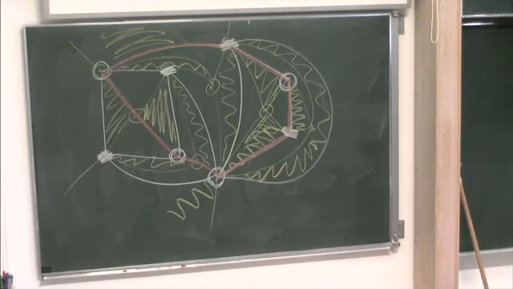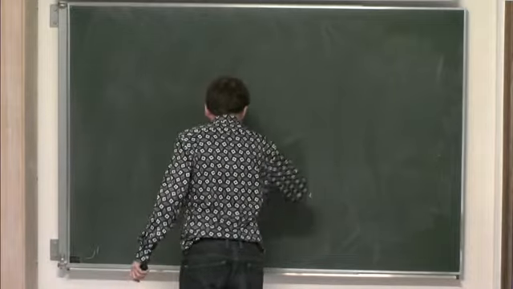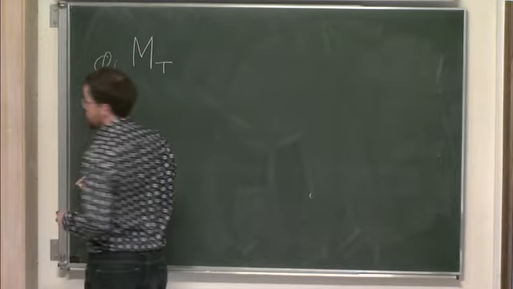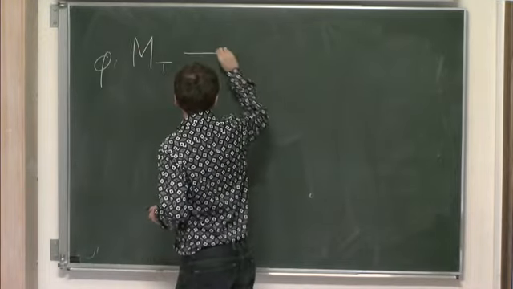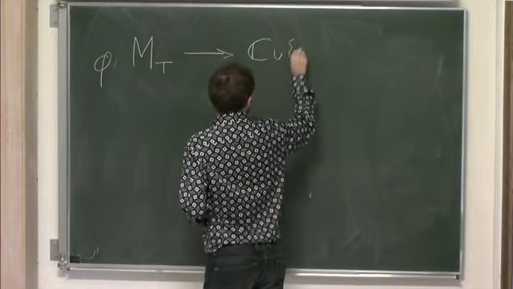Okay, so far we didn't gain a lot, but what we get when you do that is that now we have a Riemann surface, which is obtained by gluing these triangles, and we have a function. So there is a function phi, which goes from the Riemann surface obtained from the triangulation into the Riemann sphere.